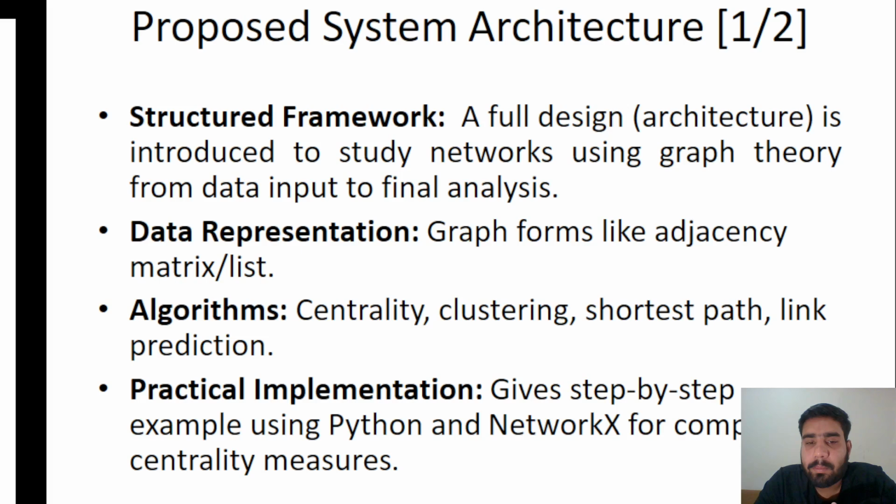Then it uses Python and a tool called NetworkX to apply graph algorithms. We calculate things like which node is the most important and which path is the shortest, like shortest path, centrality, clustering, link prediction, etc. Practical implementation gives us a step-by-step example, like Python NetworkX for computing centrality measures.